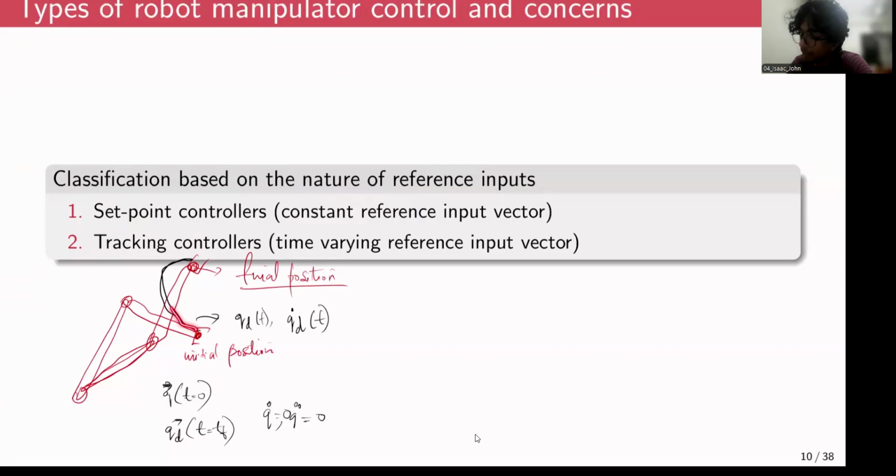So all the intermediate points will also have to be tracked as accurately as possible. So for example, if this is the trajectory that we have to track, at time t equal to 0, this would be your start position, and this should be the time t equal to tf, the goal position.